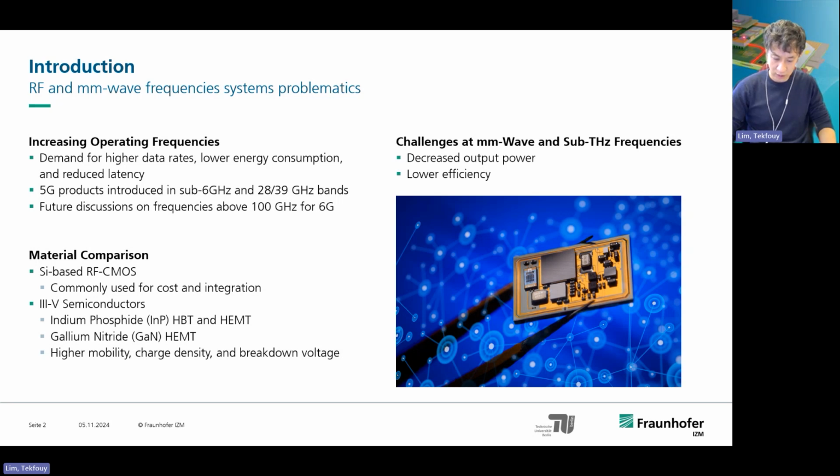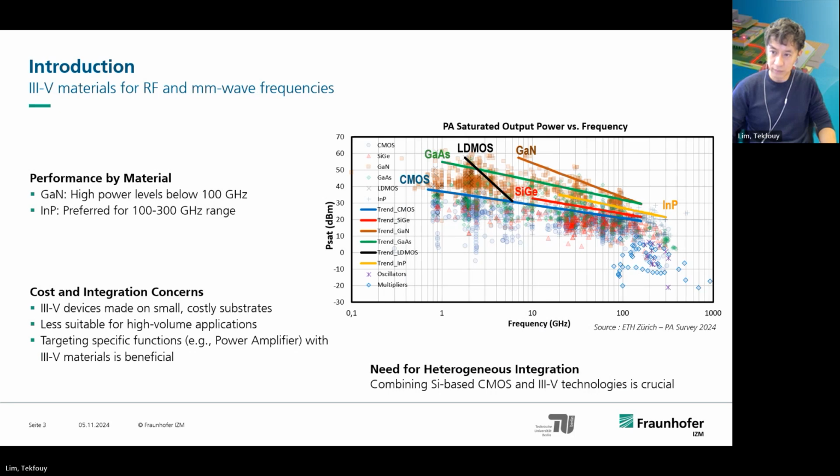But what interests us here, for example, is that I show the saturated output power of power amplifiers versus frequency, depending on the different technologies. You can see that for CMOS technology we have pretty good results.